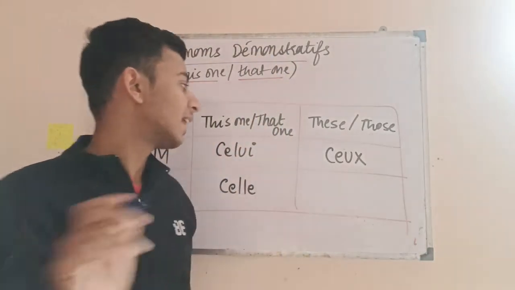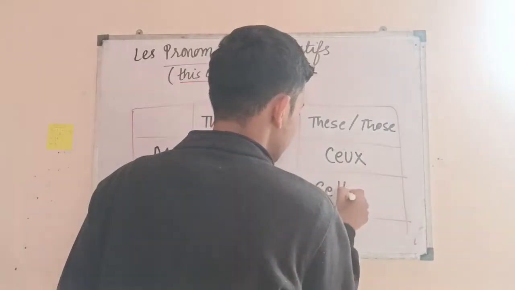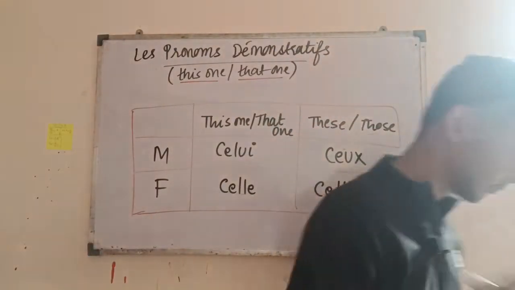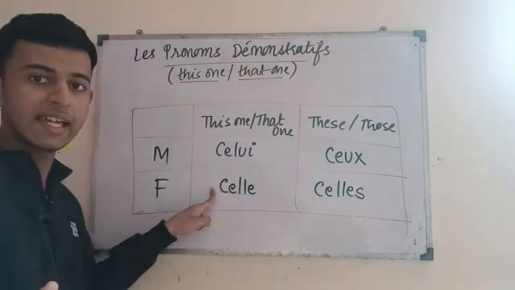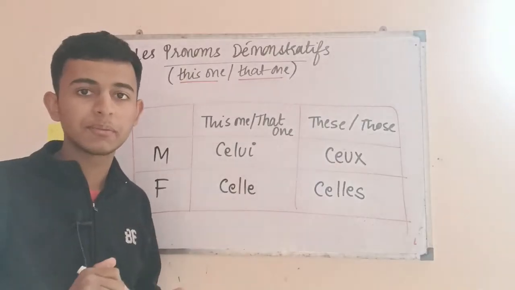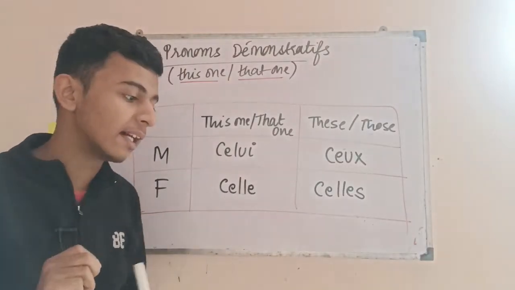And for feminine plural, we write celles, C-E-L-L-E-S. You can have a look at these four pronouns: celui, celle, ceux, celles. These are the four types of pronom démonstratif which we will be using in our sentences.